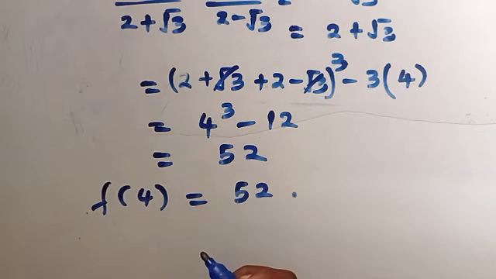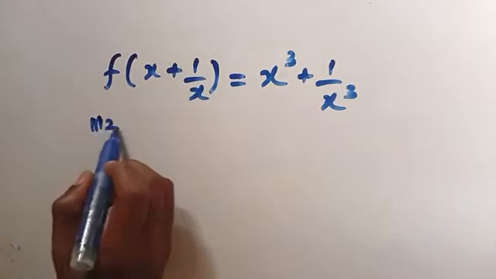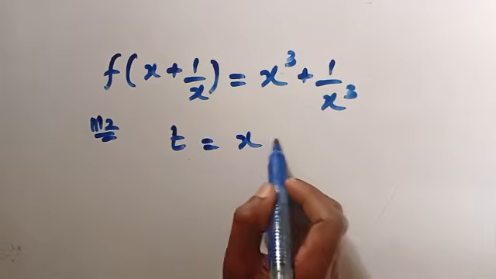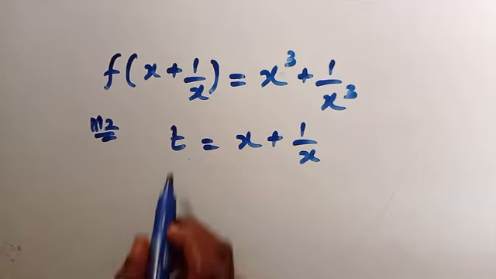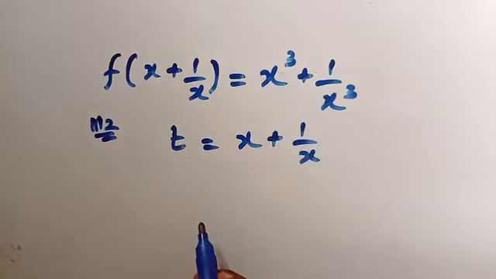And let's consider the second method of solving this. Let's see method 2. Suppose I let t be equal to x plus 1 divided by x. So here I need to get x cubed plus 1 over x cubed. Let's say I take the cube of both sides.